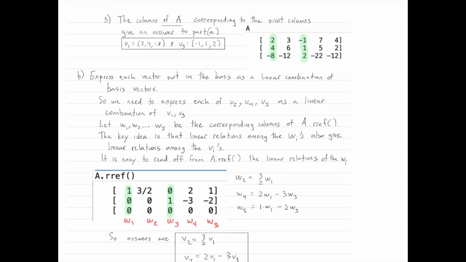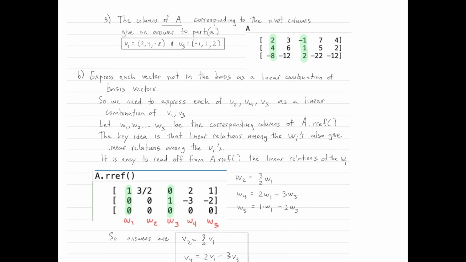So -3 times W3 will change this 1 to a -3 and give rise to this component, -3 here. Okay, and then similarly, W5 is 1 times W1 plus -2 times W3.